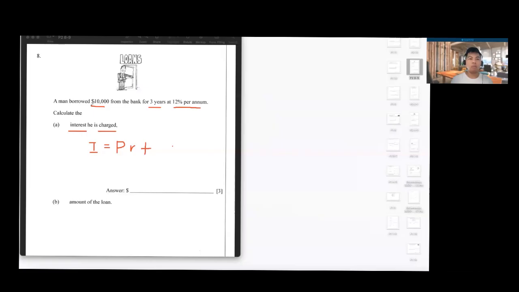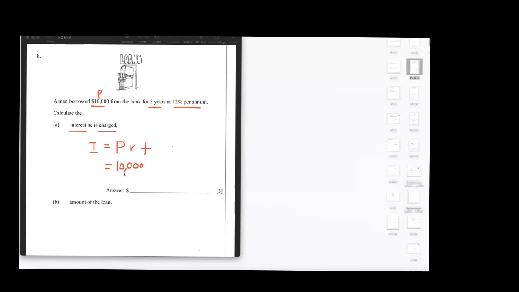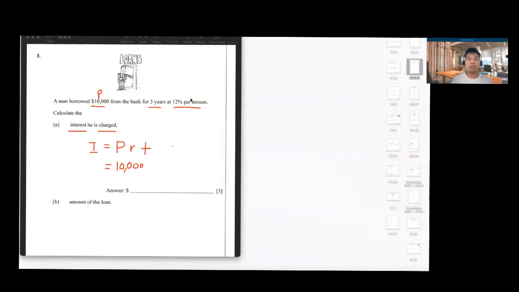So how much did he borrow? This is 10,000. So it will be 10,000. Hello, Wanda. Can you hear me? Yes, I hear you. Okay. So what's the rate? It's 12% per annum.